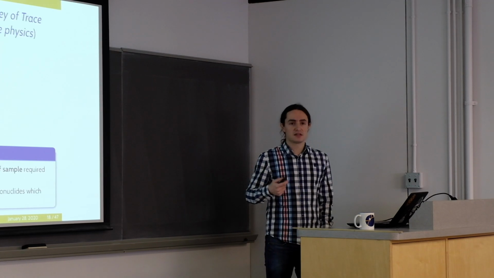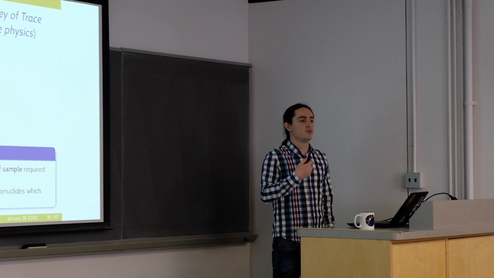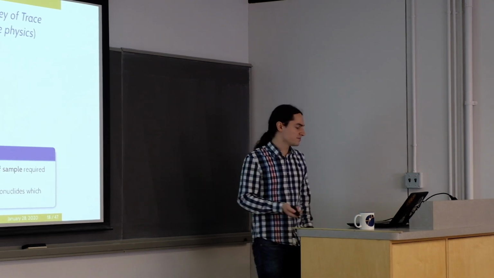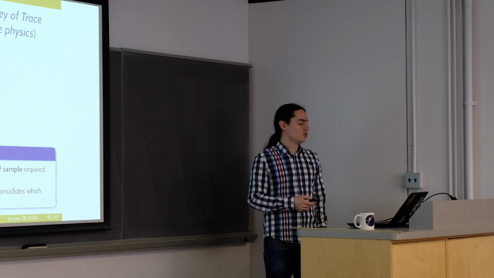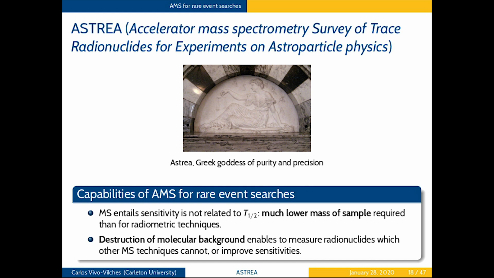It's the application of this to the study of the purity of the material that we want to use for these rare event searches. In comparison to radiometric techniques, we don't have the problem that the sensitivity is related to the half-life, so it's better for long-lived radionuclides. While in comparison with mass spectrometry, the main advantage is that we are sure that we are totally destroying the molecular background.